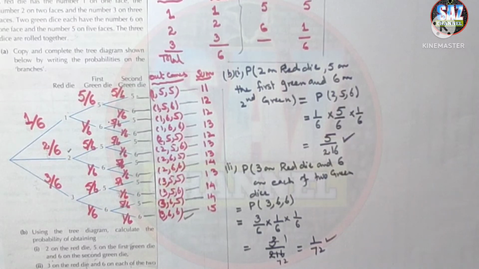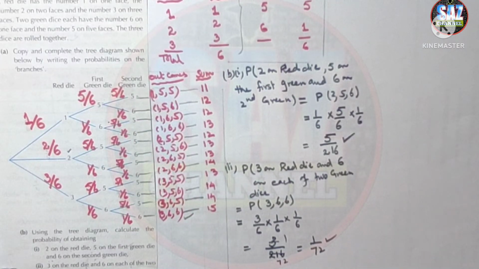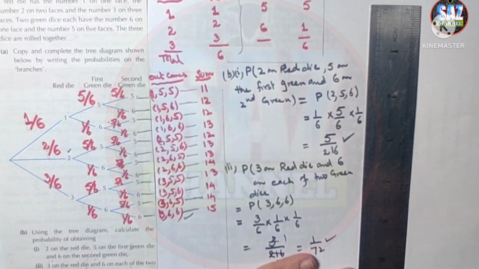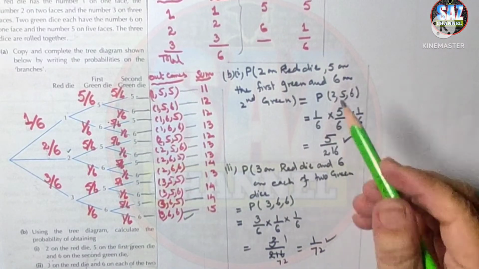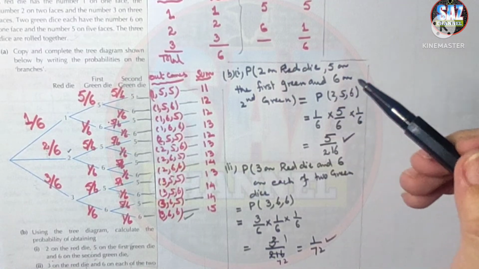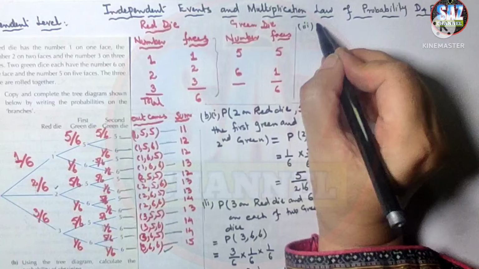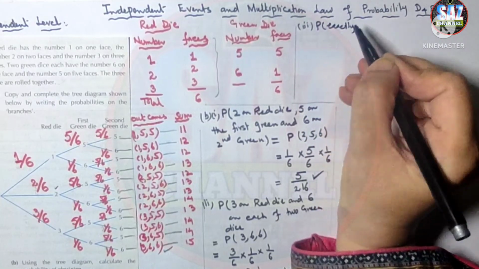And let's move to the next part. The third part says exactly 2 6s. So this is the third part: the probability of exactly 2 6s.